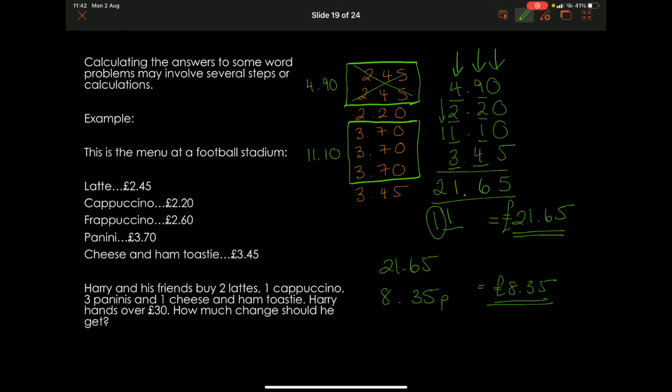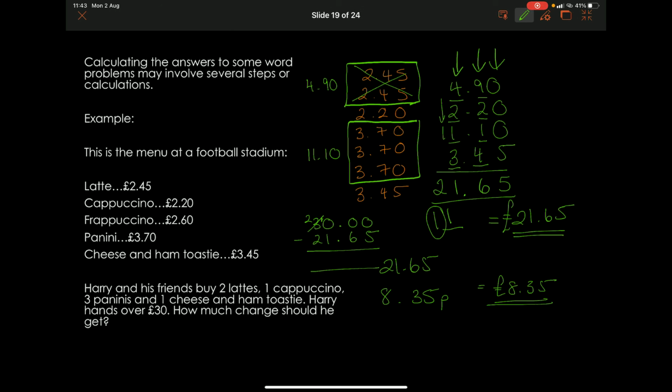You also, if you wanted to, could have done 30, and I would have done it like that, take away £21.65. But that probably would have been a bit longer winded, because what you would have had to do is, because all of the top numbers are zeros, we would have had to take a 10 from this and turn it into a 2, and then made this 0 into a 10.